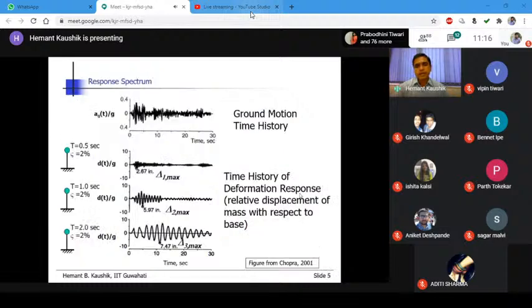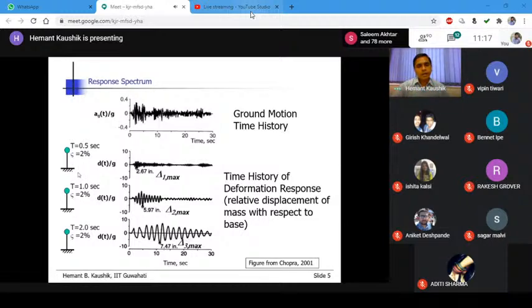You change the mass again and you have another structure. So that is shown here. Consider the ground motion time history, and find out the displacement history of this single degree of freedom system. This is what is plotted here. If I apply this ground motion at the bottom of this single degree of freedom system, it will vibrate, right?